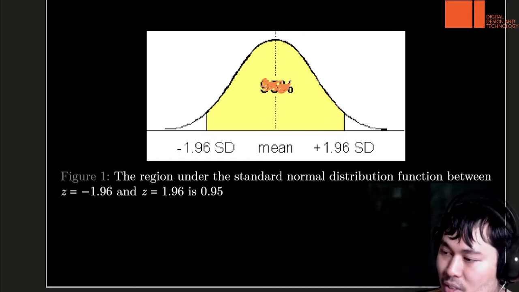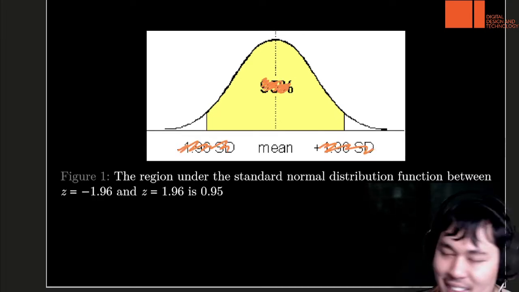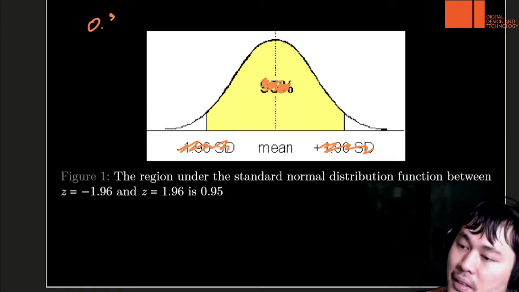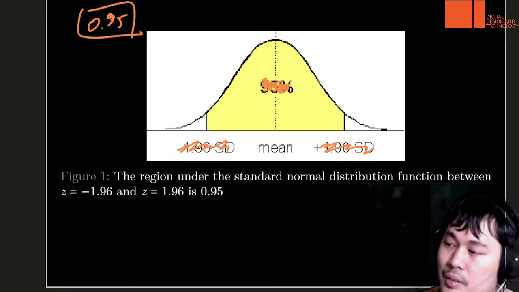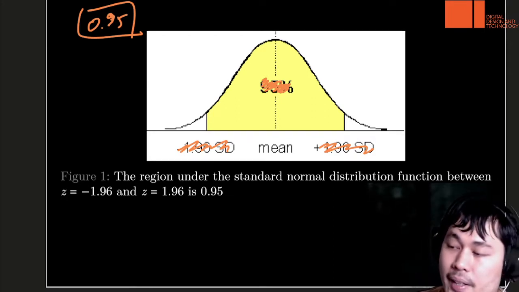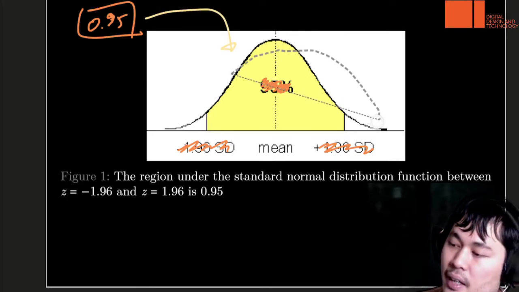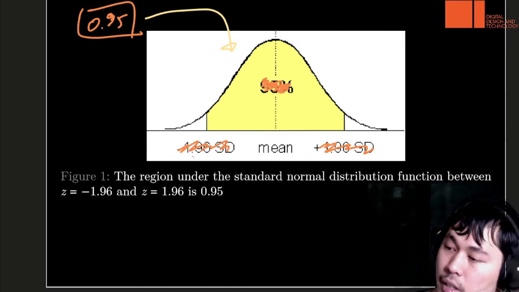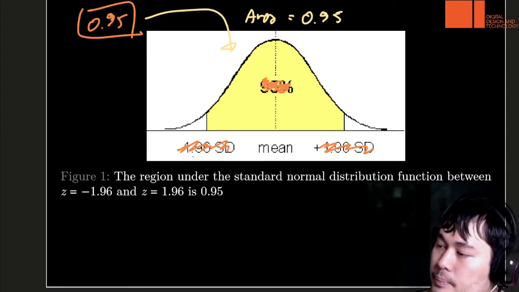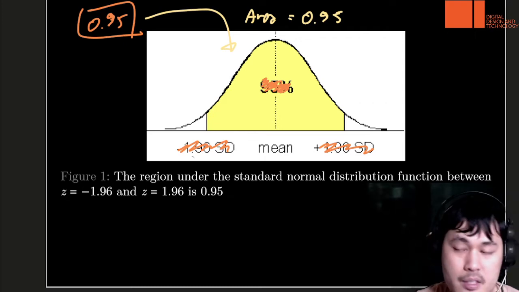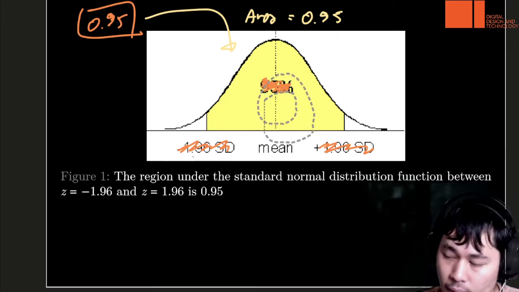If you want to be 95% sure, or have a confidence of 0.95, that corresponds to finding the endpoints, these two endpoints, where the area is exactly 0.95. You have a 95% chance that it will be correct.